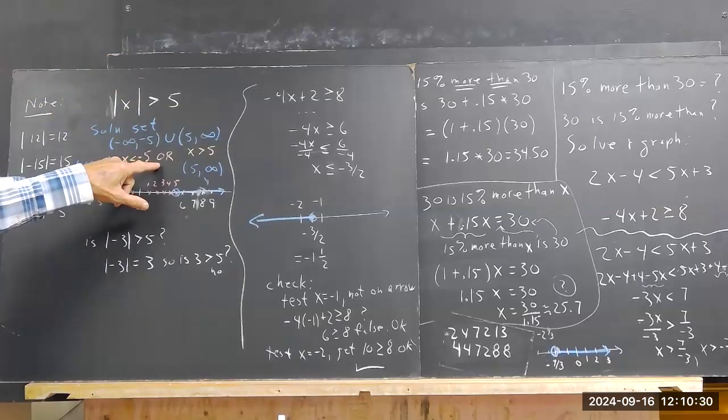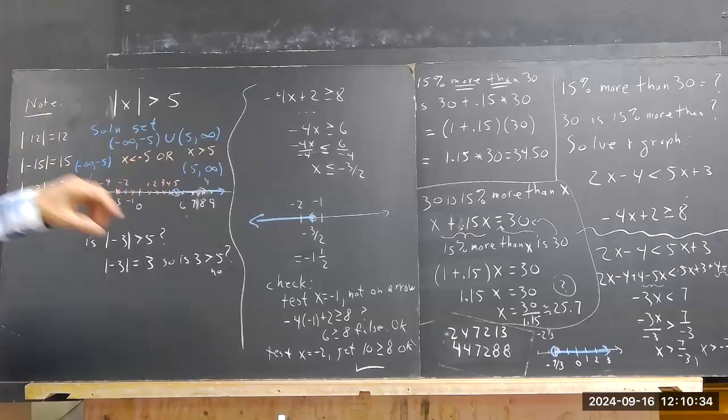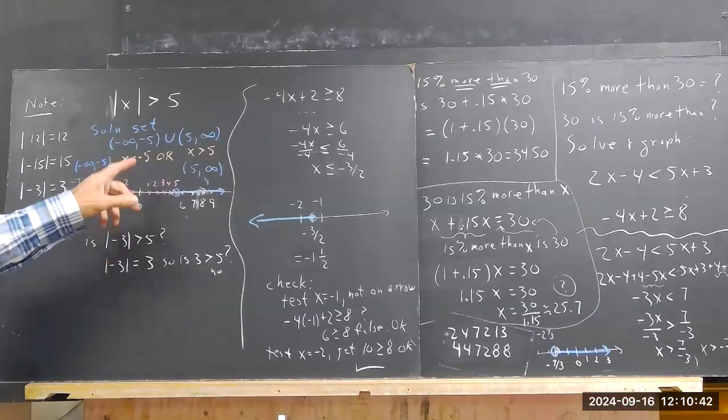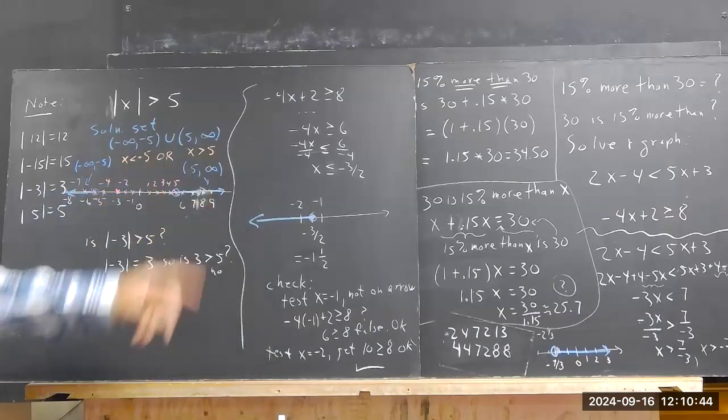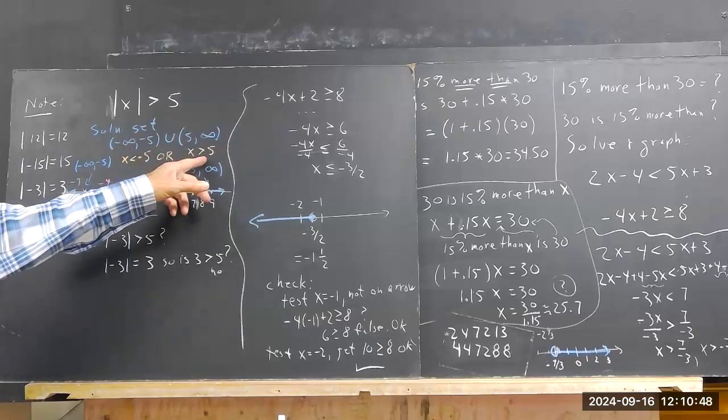That's the reason for the word or. If we wanted to say and, there's a temptation to put this together with this, so we got this set and this set, making up our solution set. But x can't be less than -5 and greater than 5, right?